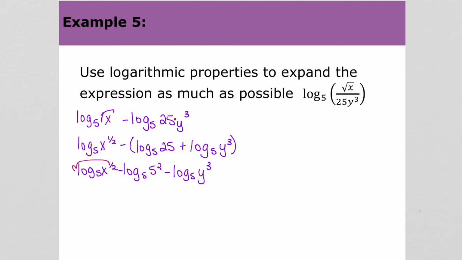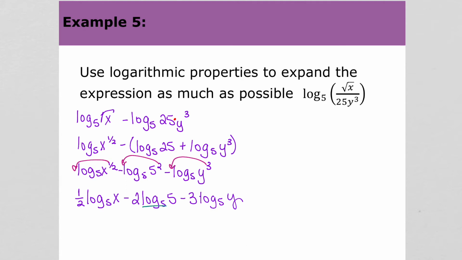So now we can bring all these exponents out to the front. So we'll have 1/2 log base 5 of x minus 2 log base 5 of 5 minus 3 log base 5 of y. Now there's one more thing we can do here.